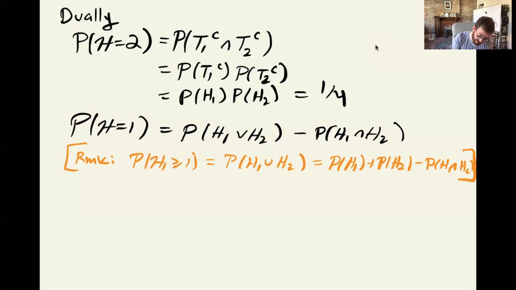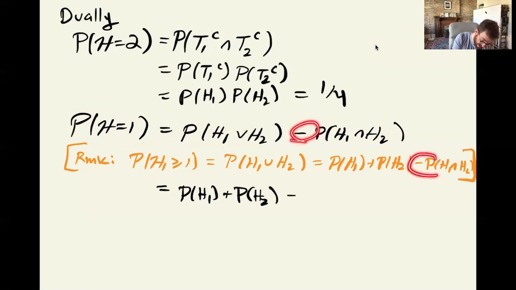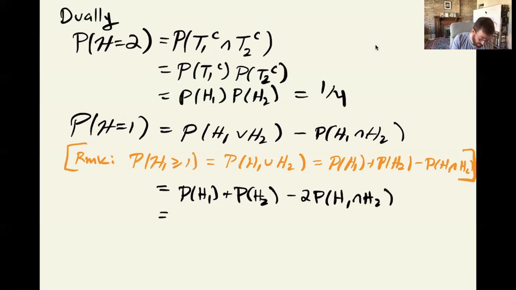So we've actually already written out half of what we need to, and we can already use independence. So this looks somewhat confusingly like probability of H1, first coin being a heads, plus second coin being a heads. And then maybe somewhat weirdly, I end up subtracting it twice. So minus 2 times probability of H1 and H2. Now, probability that one coin is heads, well, that's obviously 50-50, right?